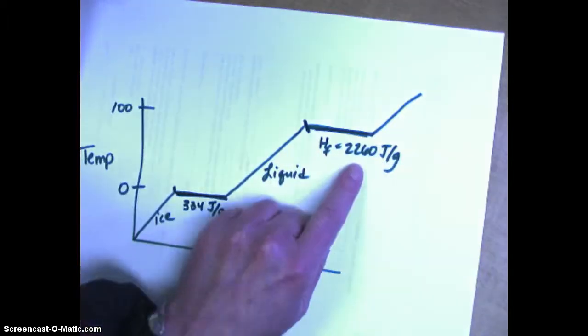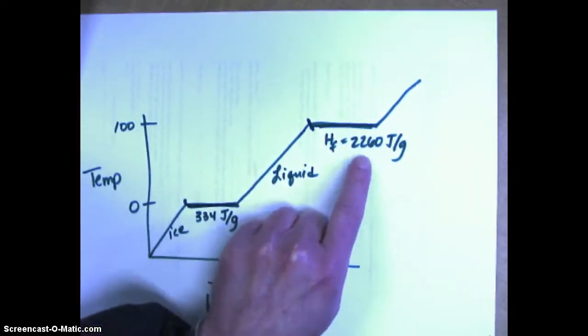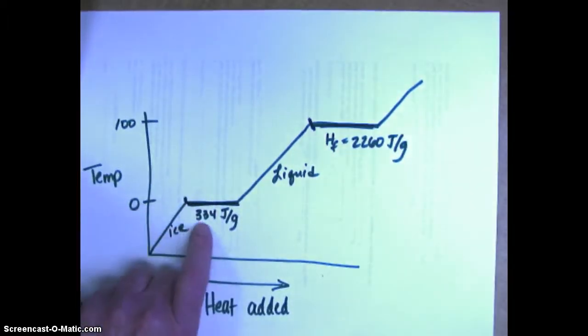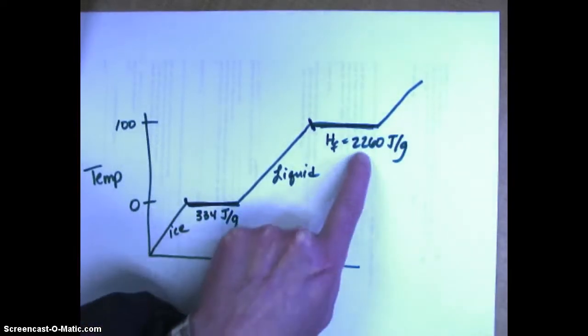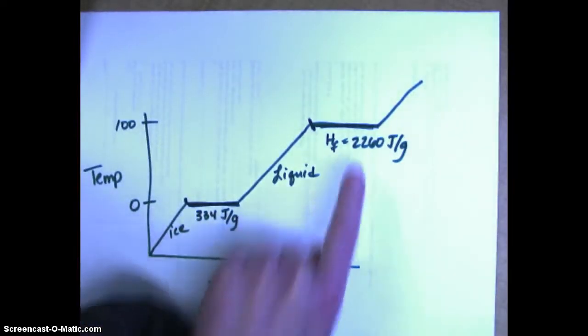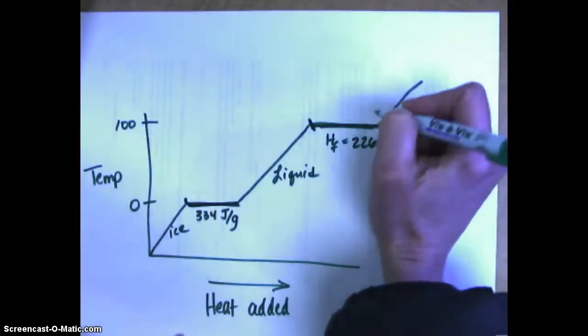So it's a lot higher than the amount of energy it takes to melt it. It takes a lot more energy to boil the water or get it to go into the gas phase.